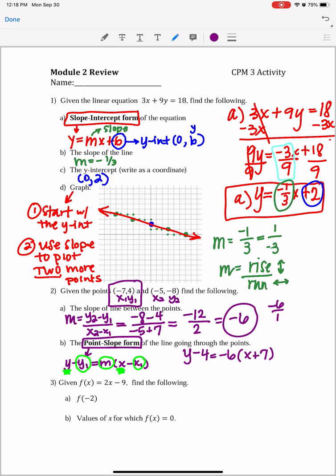Because it wants the point slope form of this line, we are done. This is what the answer is. Now, if you take it a step further and you go into your y equals mx plus b form, that's fine, but I'm going to stop grading after that point right there. Okay?